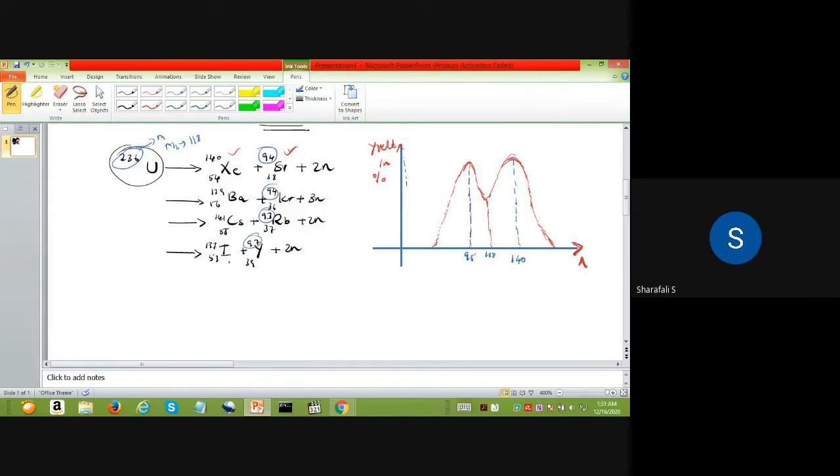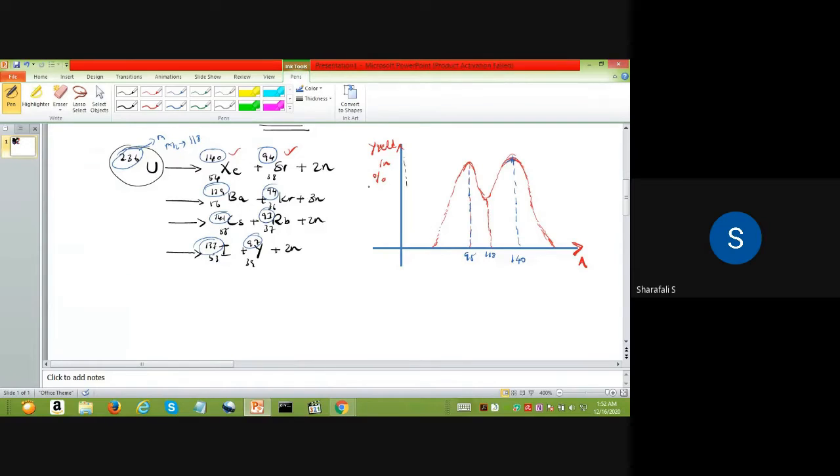From that you can see that around 95 it is getting more number of daughter nuclei, and you can see here 140, 139, 141, 137. So around that 140 it is coming maximum.